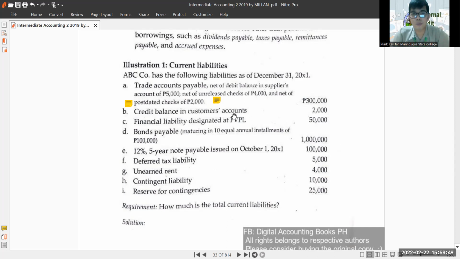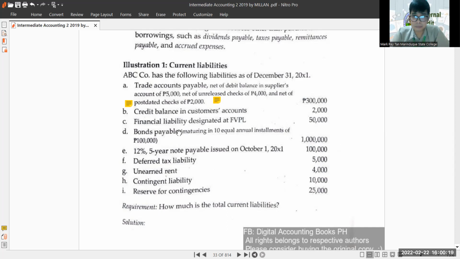So, para lang siyang opposite nitong debit balance ng supplier's account. Dito, nasa point of view ka naman ng supplier. So, therefore, dito class, itong credit balance ng customer's account is liability naman ito sa company. Kasi itong una kanina, itong debit balance sa supplier, receivable ito, other receivable. So ito, payable naman, which is current. Kaya itong 2,000 included yan.